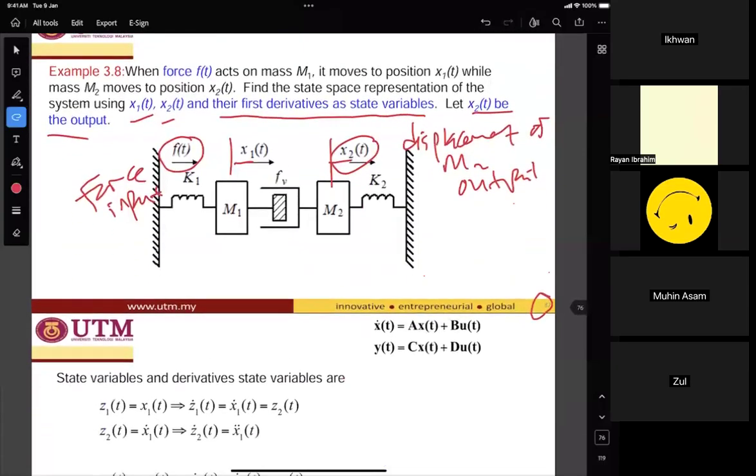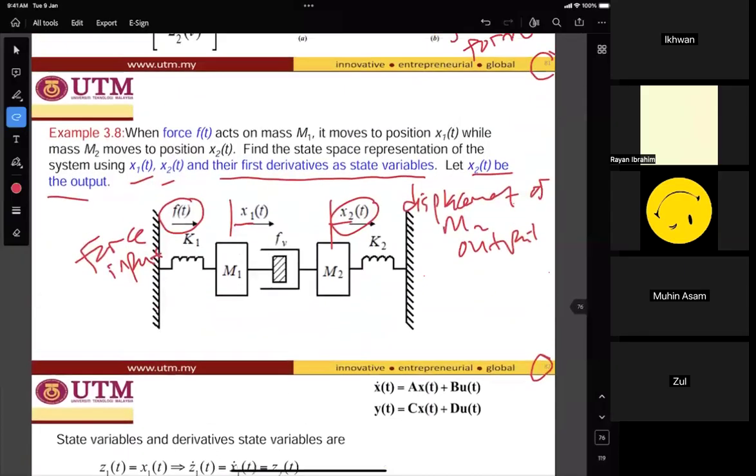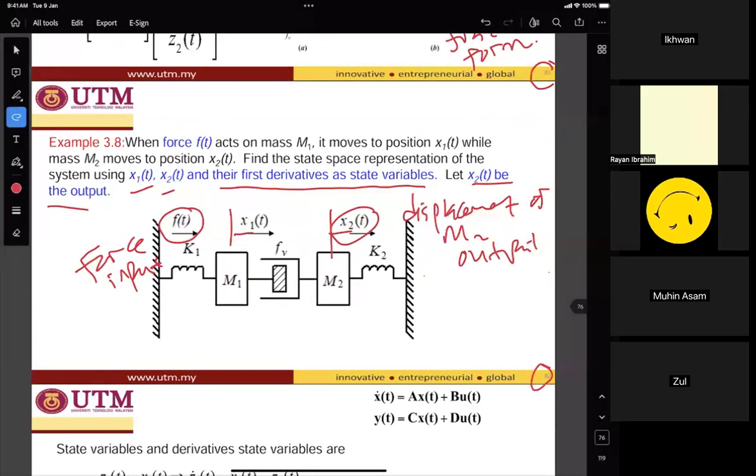So now we are going to understand what is the word here. Find the state equation if the state variables are x1, x2, and their first derivatives. Suhada, what do you understand by this?